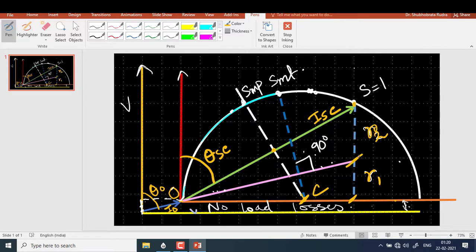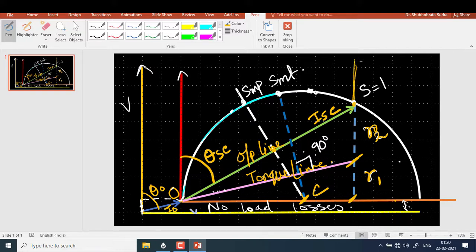You get a point, you join it with O, you get this as your torque line, and this is your output line. Now for a given power requirement, you draw a vertical line that is parallel to these two lines here.